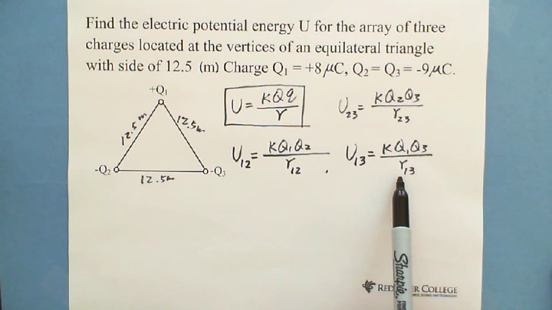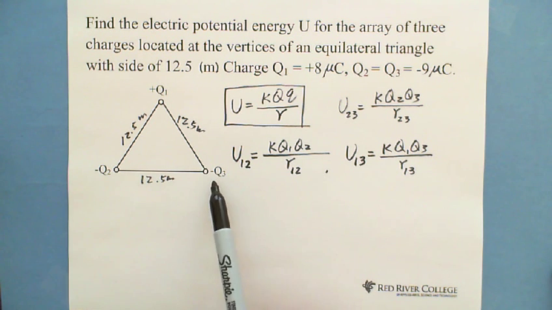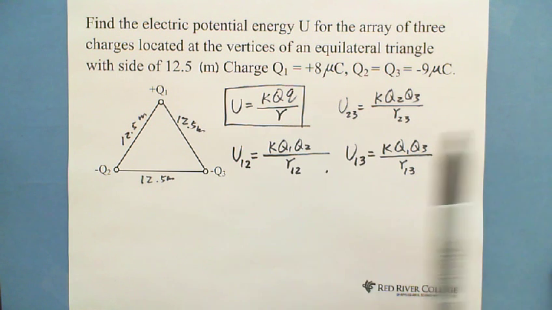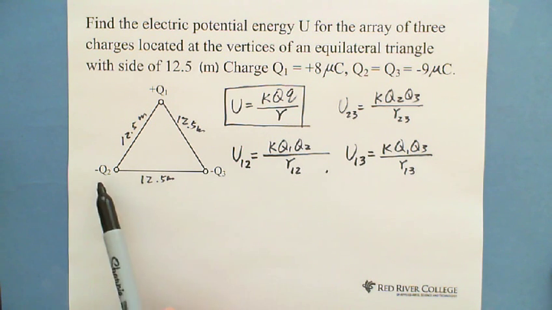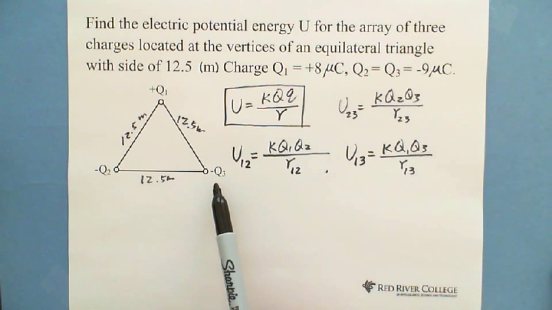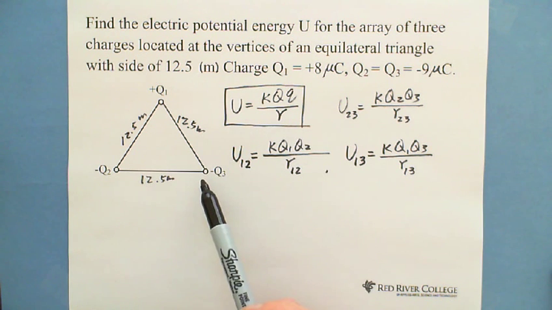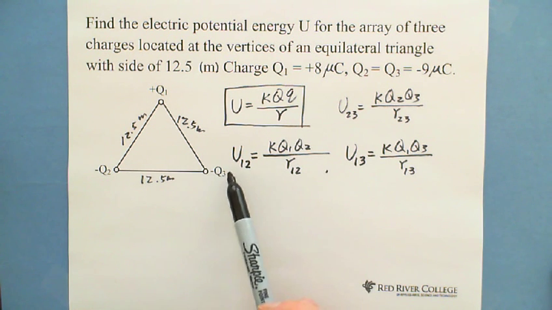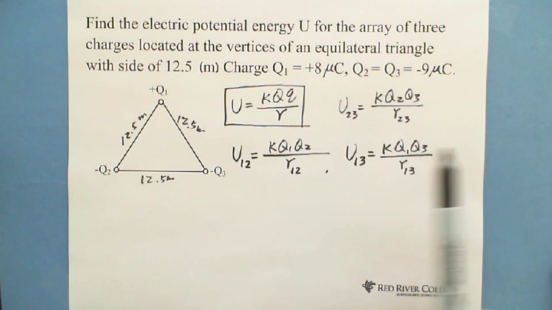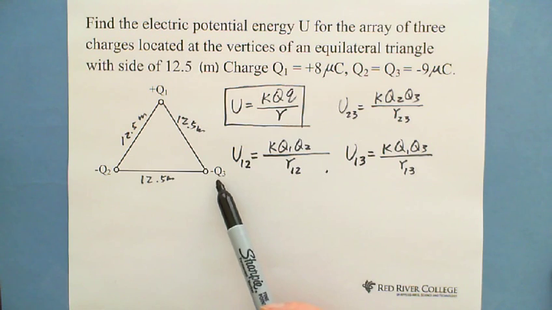And with Q2 and Q3, both negative, when you bring negative Q3 from infinity into the field, the force between these two is repulsive. To bring it inside, you need to use an external force to move Q3 to this place. That situation is external force doing work.